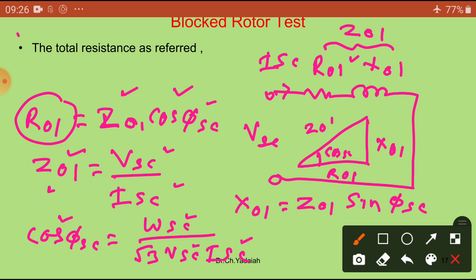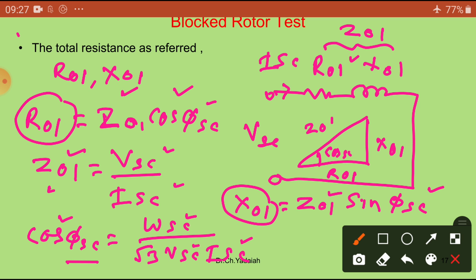I know sin phi SC and I know Z01, so I calculate it from this. Now I have R01 and X01. These are the two parameters referred to the primary side.